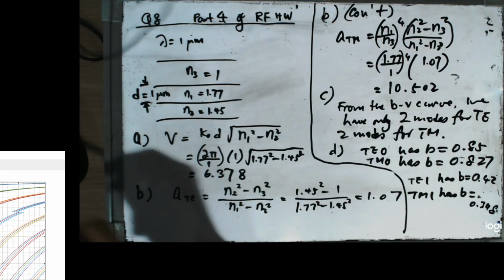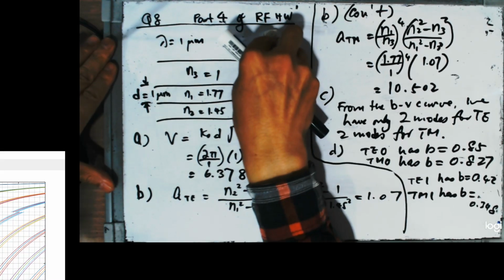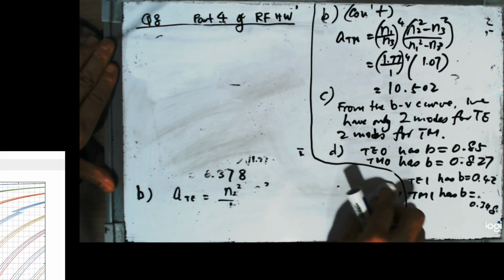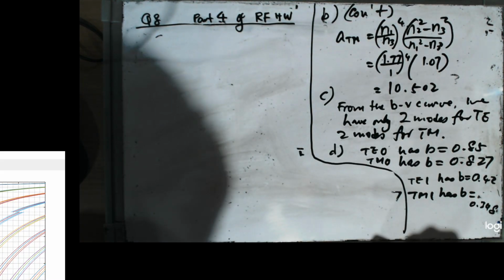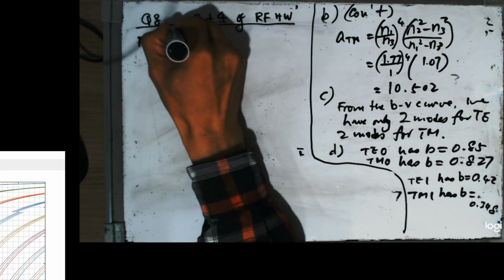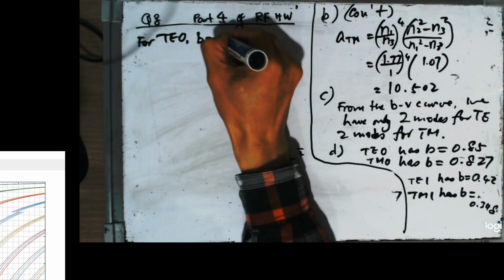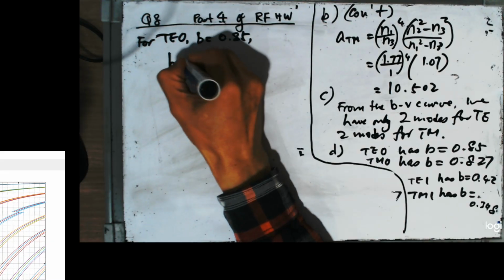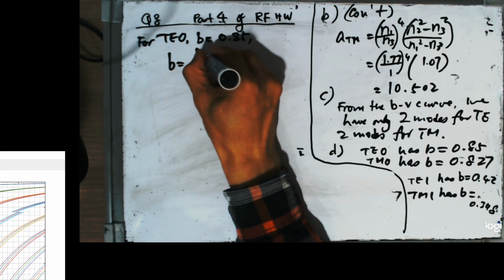So what you can do here is use the formula. Say in this case for TE0, b is equal to 0.85. So we use this formula: Kz over K naught, minus N2.